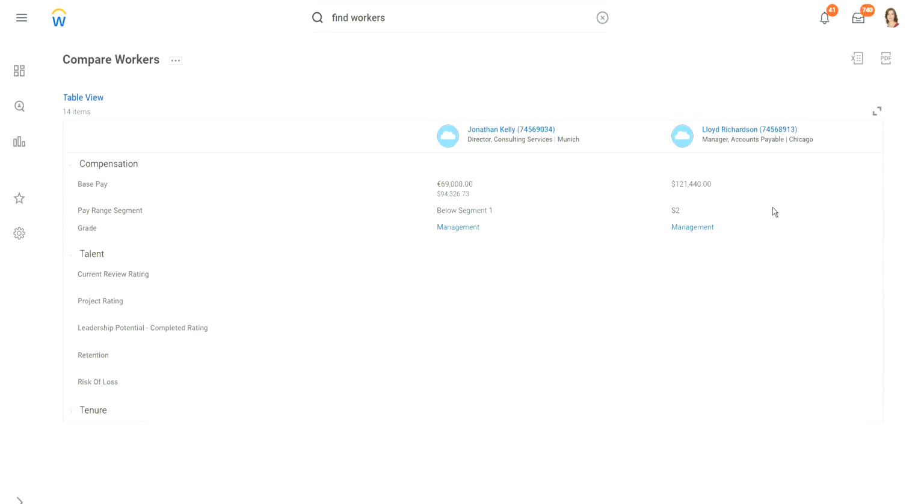What does it mean if it says S2 or maybe below segment 1? What were those pay range segments? It divided the entire pay range into some smaller parts. So we call those parts segments, correct? So what information does it give you?